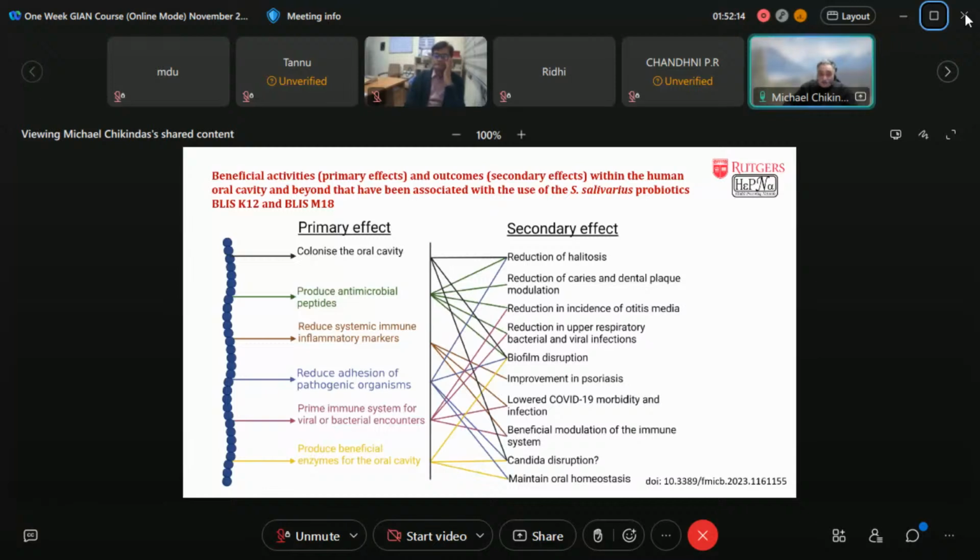And the secondary effects: reduction of polyposis, reduction in the case of otitis media, disruption of the biofilm, even lower COVID-19 morbidity and infections, believe it or not. Candida disruption, my guess would be yes, because we have examples from the clinical trials.